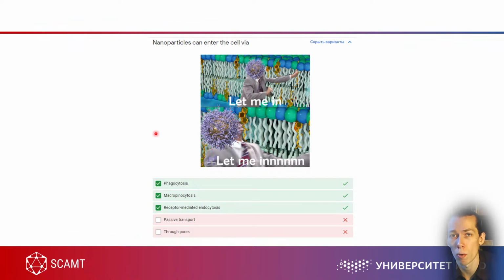Passive transport is only for ions, which can pass through membranes just by difference in concentration. So nanoparticles cannot enter the cell via passive transport. And through the pores, the pores are usually too small, and they are not intended to accommodate nanoparticles. So that is also not an option.